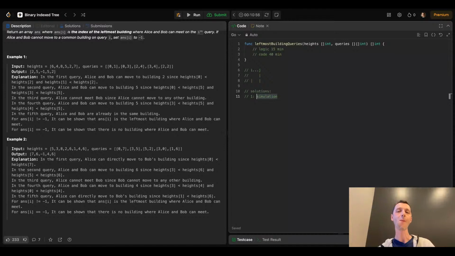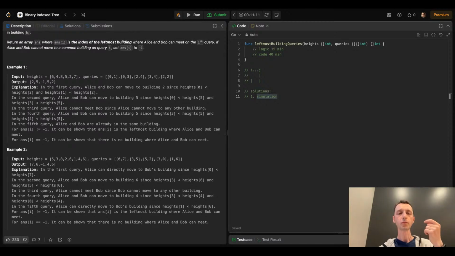So, simulation, which means for each query we'll do that search.